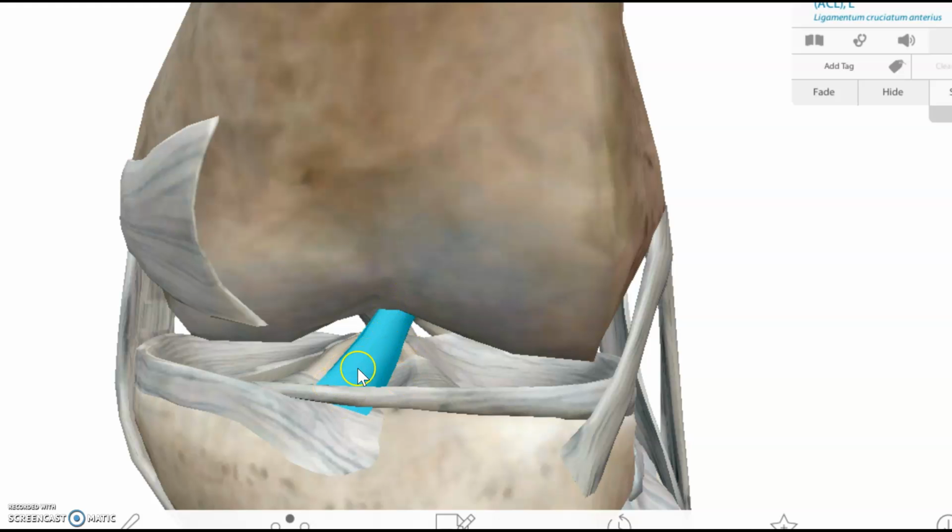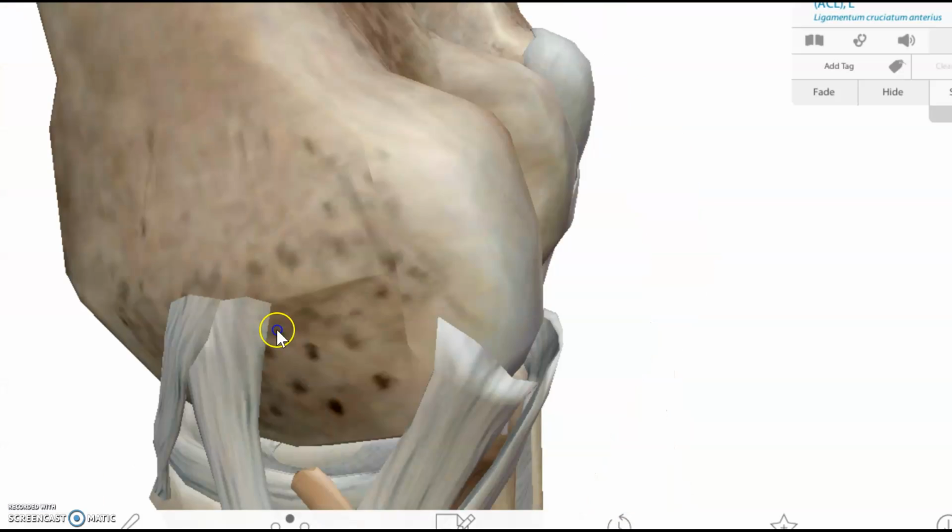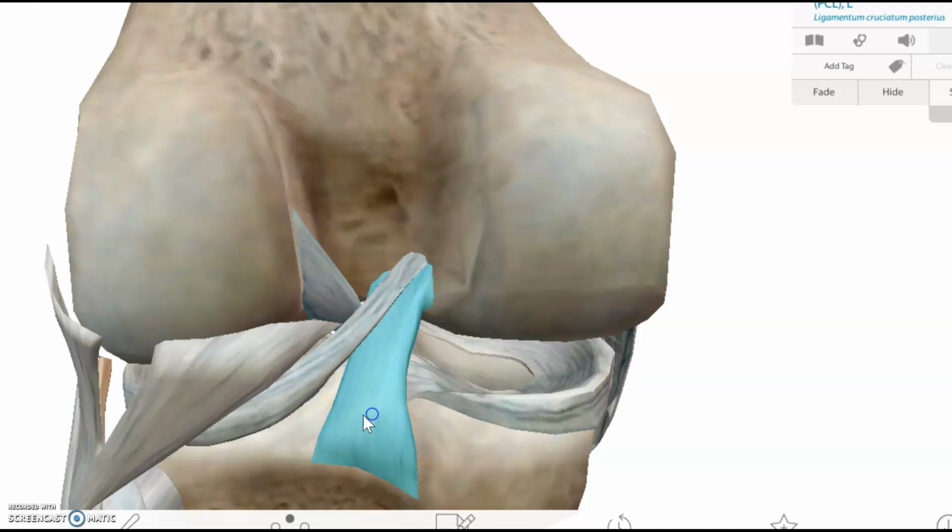It makes sense if you see how this is set up. It pulls that tibia back. And then the posterior cruciate ligament prevents that posterior displacement of the tibia. So that makes sense here. If you put tension here, you prevent that tibia from sliding out behind your femur.